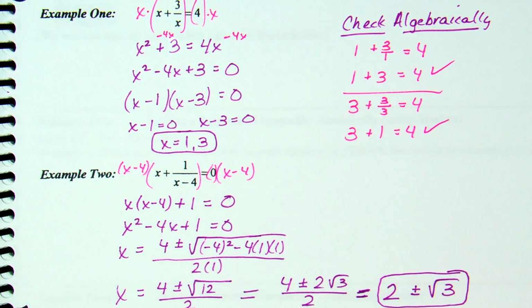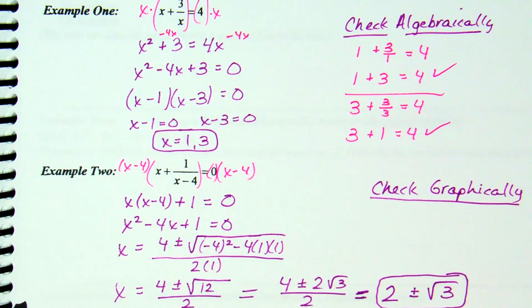What are options for checking this? Okay, so algebraically, we could plug this back in, yes? And then as you look at that, you're thinking, 2 plus or minus square root of 3, not fun. So at that point, I want to talk about how to graphically check, and we kind of looked at that in the homework.